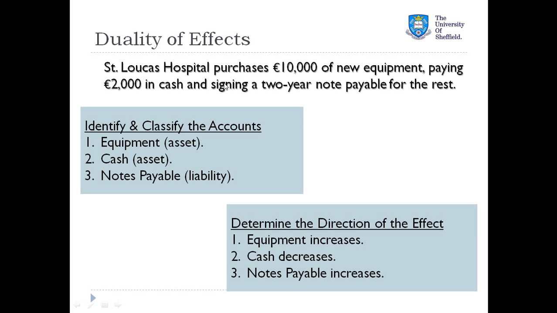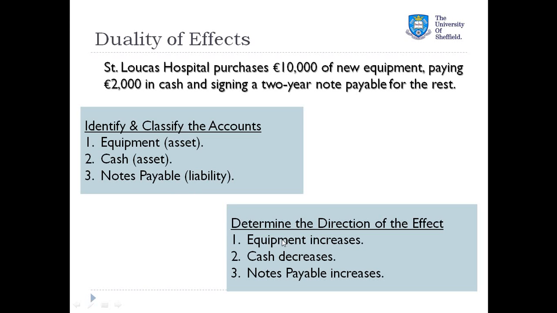We're saying here that it purchases 10,000 of new equipment, so we have new equipment being affected as an account. Paying 2,000 in cash, so the cash is being affected, and signing for the rest, 8,000, a 2-year note payable, so this account is affected as well. What's the direction of the effect?